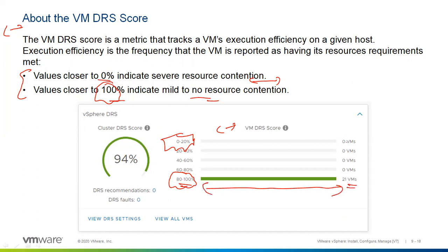For example, if two VMs get a DRS score between 0 to 20%, it means there is some resource crunch for these VMs. They are not rightly placed on that particular host. So in that case, DRS will trigger the migration of these VMs to the next available free host. So a higher score is a good condition, and a lower score is a bad condition.